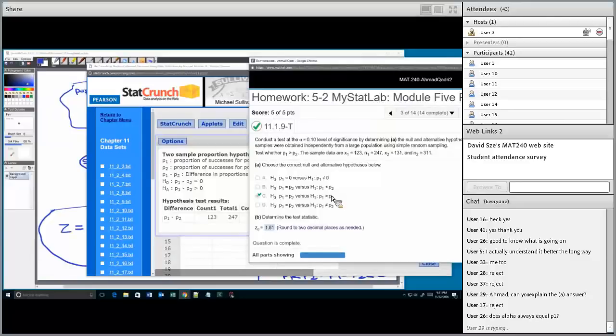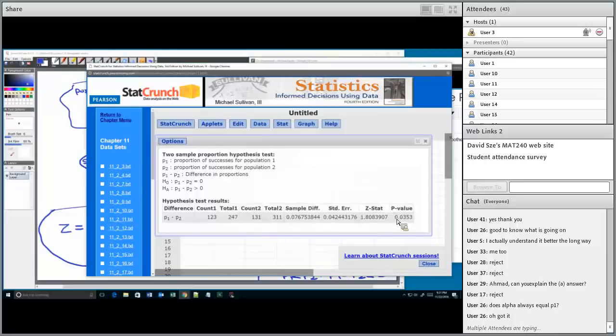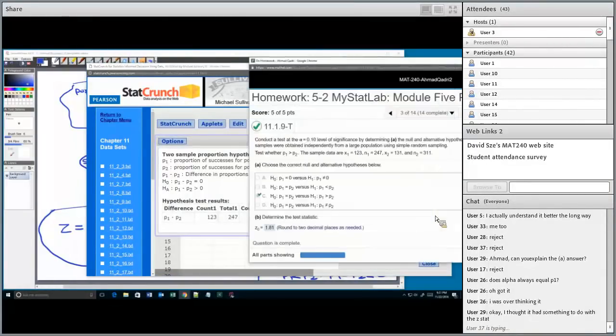Alpha does not equal P1. Alpha is 10% here, right? It says alpha equals 10%, and it changes from problem to problem. When we got our p-value, this is just like last week. We have to compare it to the alpha that's given in the problem. Remember the 5-step process we did last week?